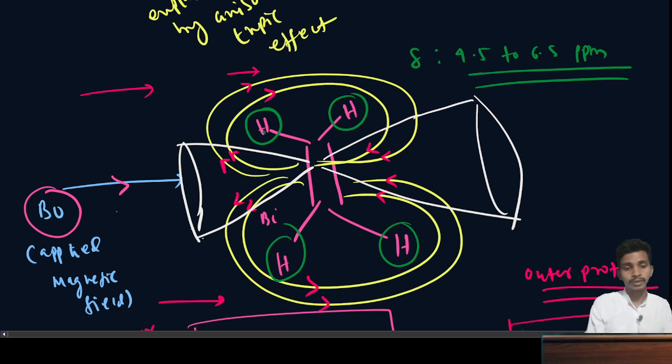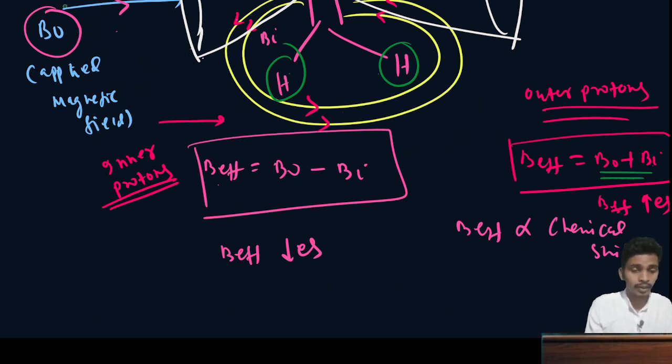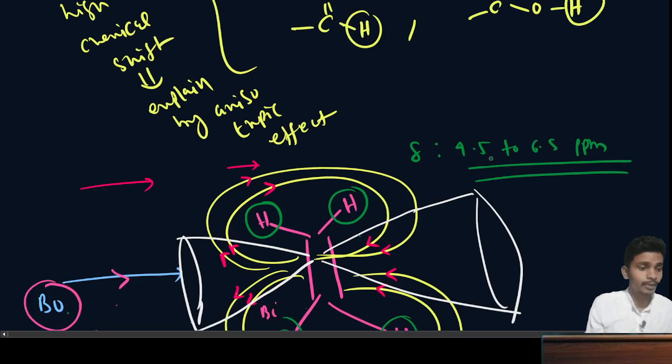Because these are all outside the cone, they are outer protons, and they have a high chemical shift value because B induced adds to the applied magnetic field. So B effective increases and the overall chemical shift value increases. That is the reason alkene systems show a chemical shift of 4.5 to 6.5 ppm.